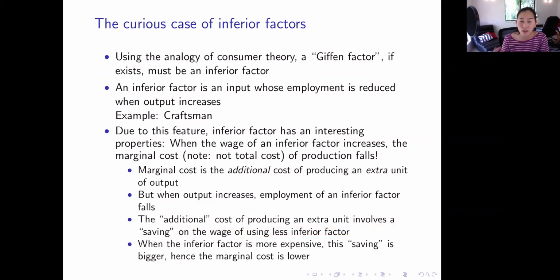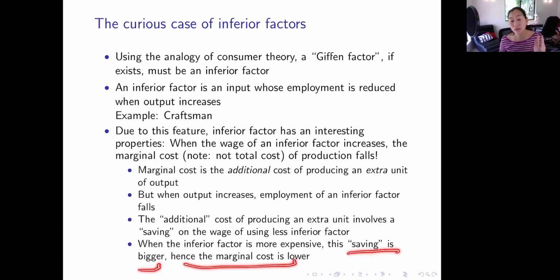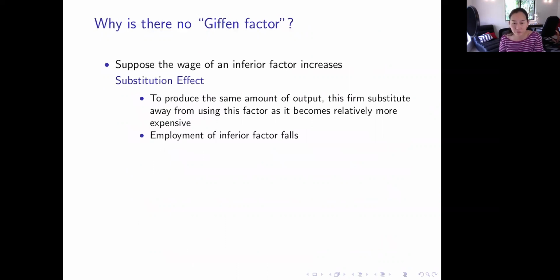When the wage becomes more expensive, the saving becomes bigger, and hence we have an even lower marginal cost. And when you have a lower marginal cost, you have incentive to increase the output. And if you increase the output and the input is inferior, you will decrease the employment of the inferior factors, right?